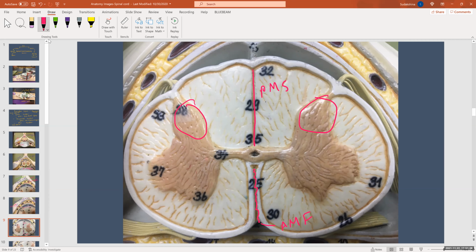Okay, so now that we know this is anterior, this is posterior, guess what we call this? Posterior gray horn. Horns. This and this. And so, what would we call this? Anterior gray horns. And what do you think we'll call this?